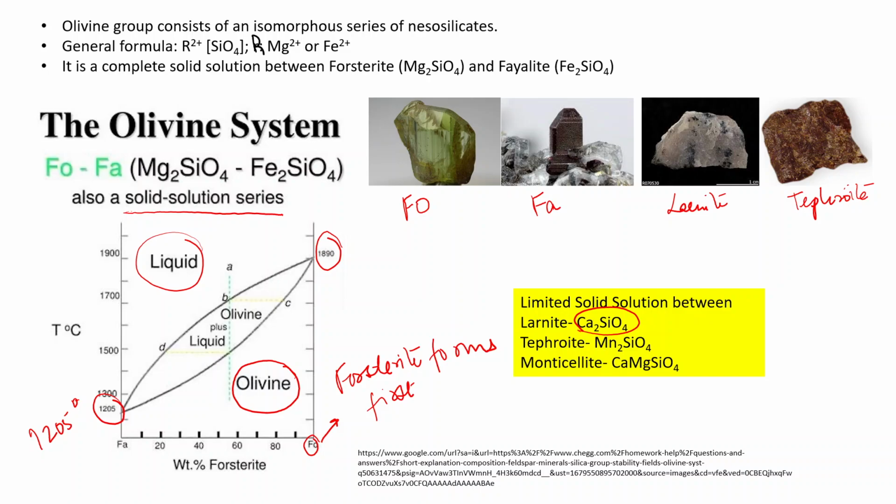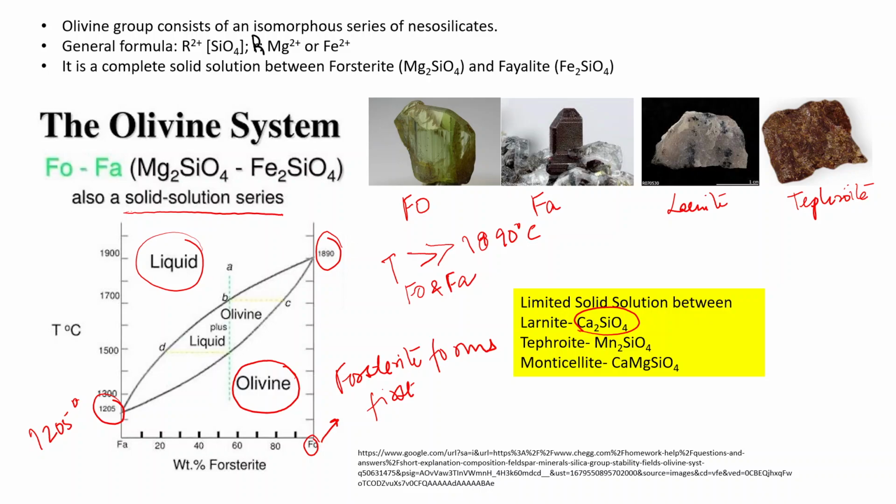It is the melting temperature of forsterite. So if we reverse it, once the minerals are being crystallized from the melt, and the melt is at a temperature, let us say T, where T is more than 1890 degrees Celsius, which means that now at the temperature T, both forsterite as well as fayalite will be in melt phase.